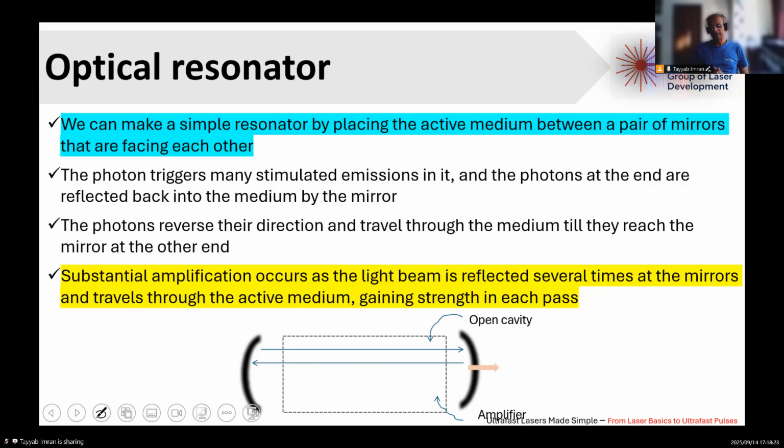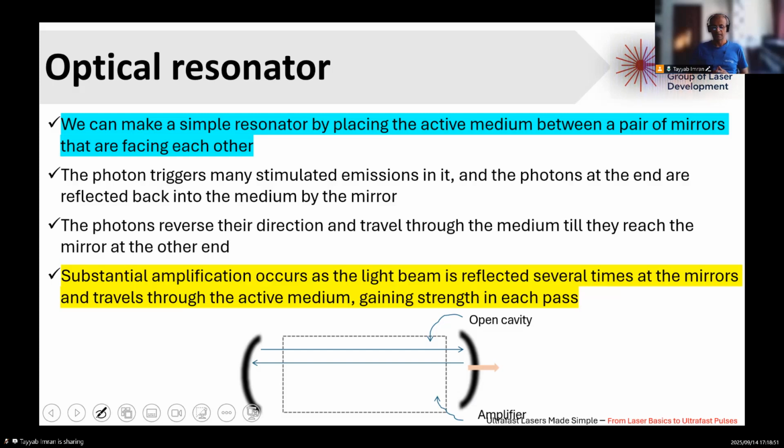And at the end, we just touched the concept of the principal components of the laser. The principal components of the laser, you know, are the cavity resonator, then you have a laser medium, and then you have a pump source.